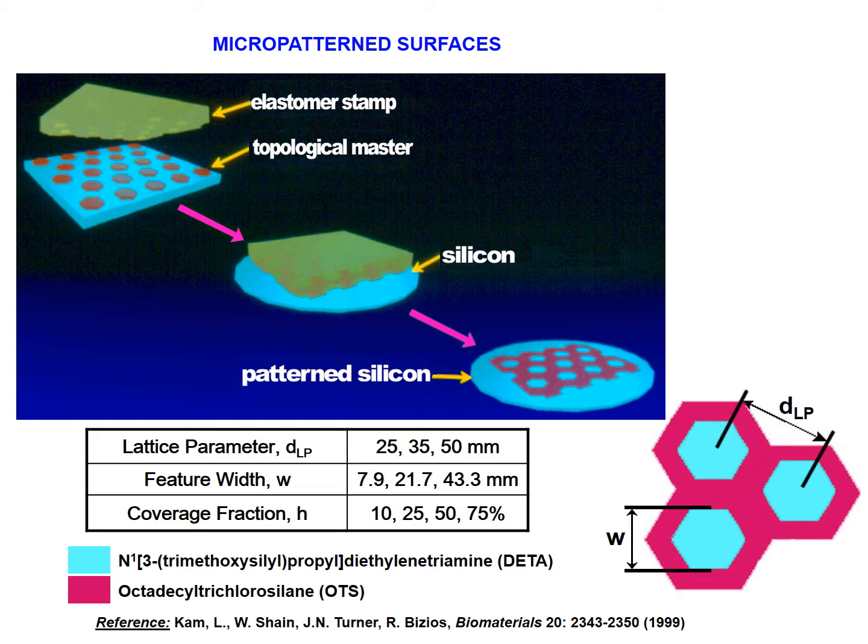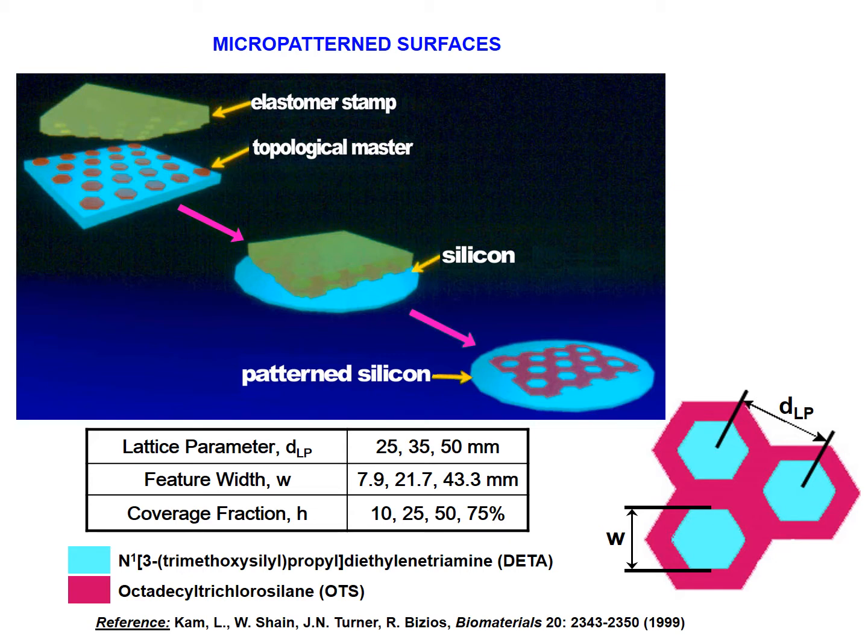What one obtains at the end is the so-called patterned silicon on this particular slide. And what you can see now, you have a surface of a certain pattern which are of the original material, but surrounding those patterns you have some other regions which can be modified chemically.